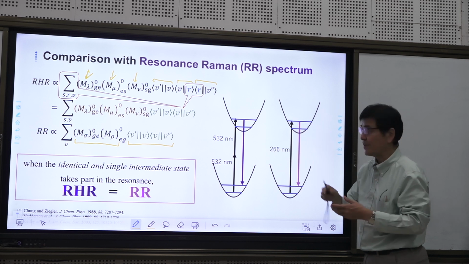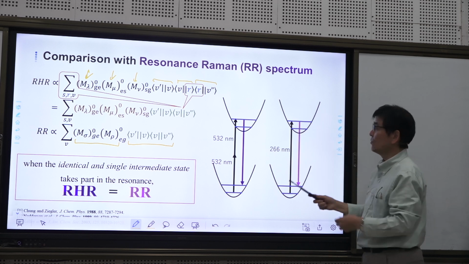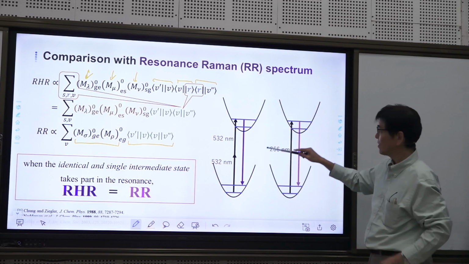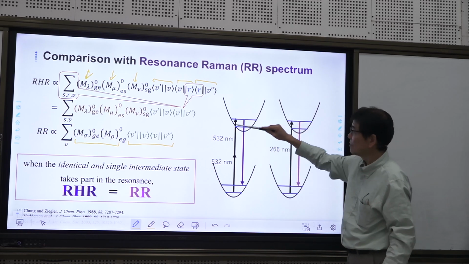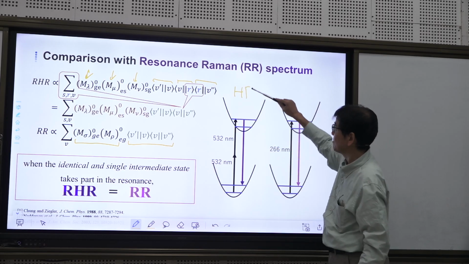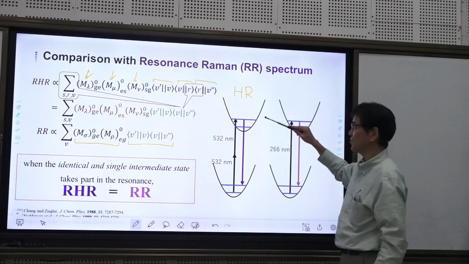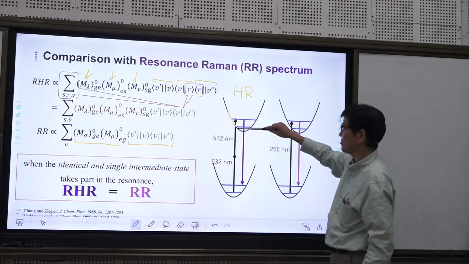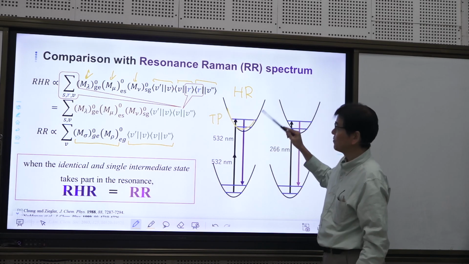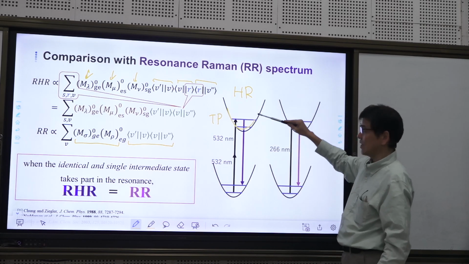In the case of BSA, we should understand it like this. In the hyper-Raman process, we are sure there is a 2-photon allowed electronic state.